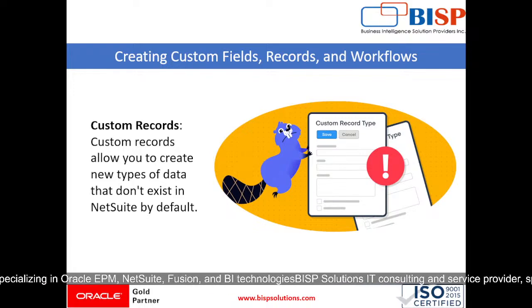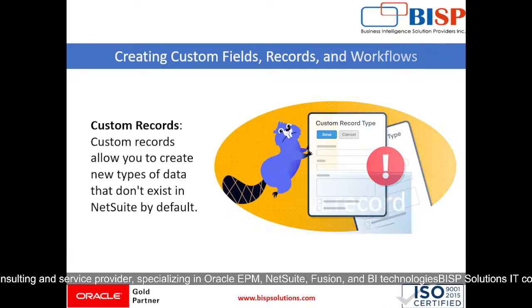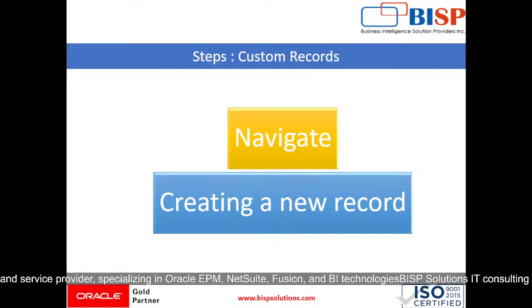For navigation, we click on Customization, under which we get Lists, Records, and Fields, and there we get Record Types. There we create a new record type, for example project milestones, and define custom fields and relationships for the same.